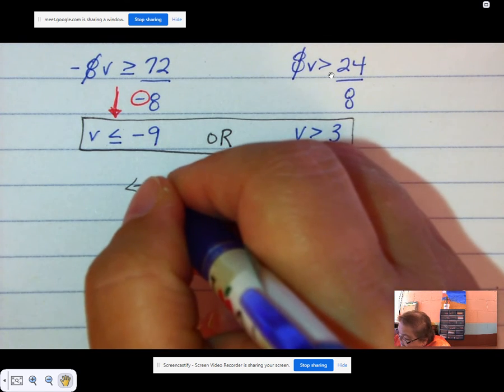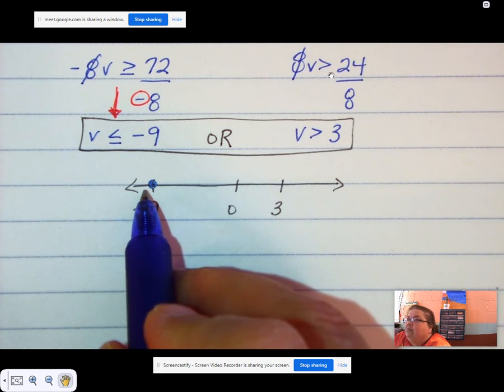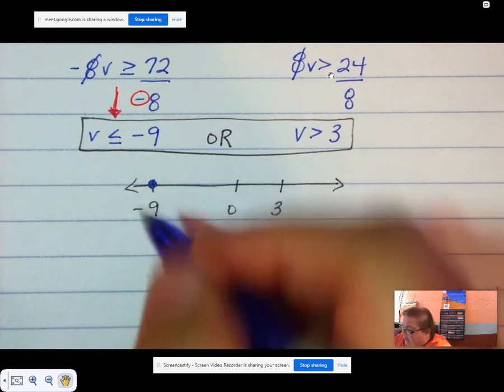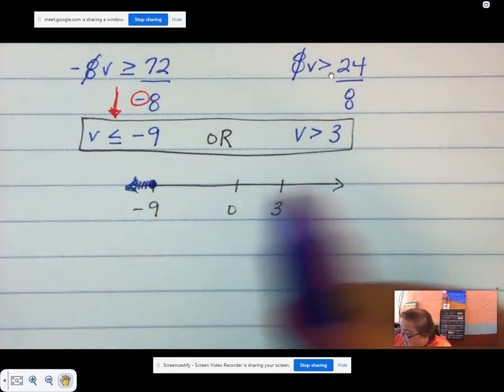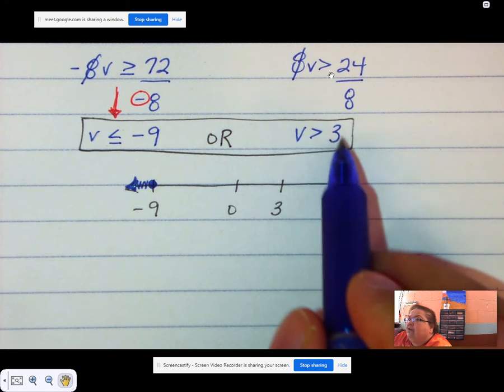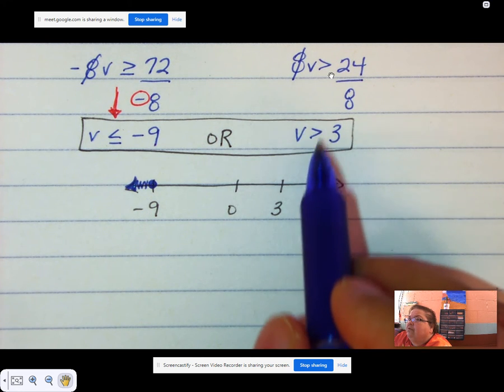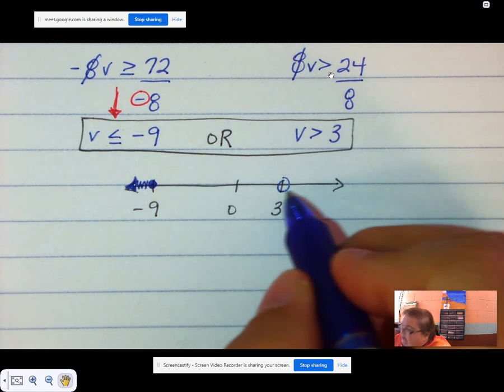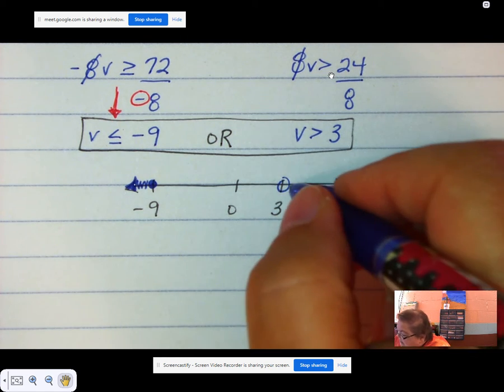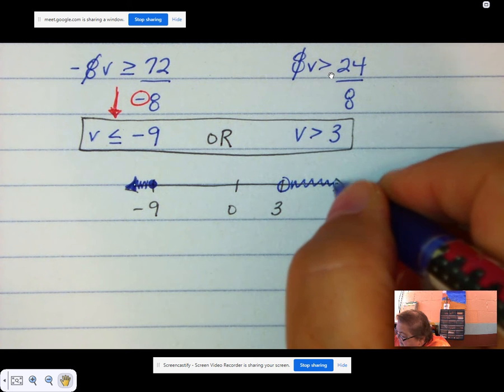Closed. Where are the numbers less than or equal to -9? To the left. The 3, open or closed circle? Open. Where are the numbers greater than 3? To the right.